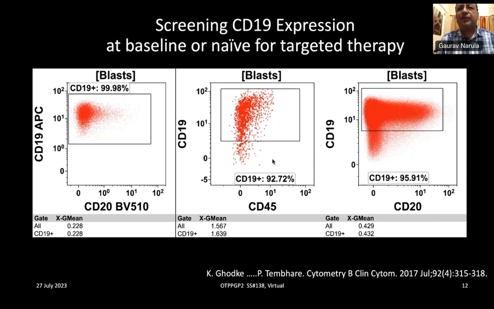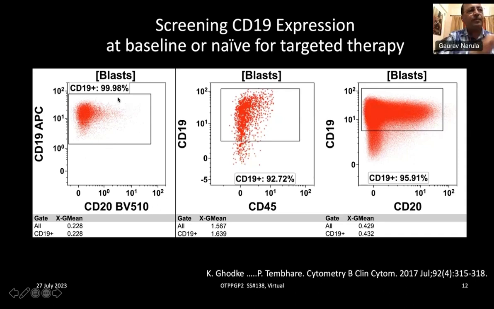Because if there are blasts which are not expressing CD19, even if it is bright, like in the right panel, or moderate to intense in the center one, it is irrelevant to us, because there will be cells which are not expressing CD19, which will not be attacked by our CAR T. So for this reason, we have a screening step in which we see that unless all the cells, like in the left panel, more than 99%, because you can never be 100%, some dots will fall outside this plot.